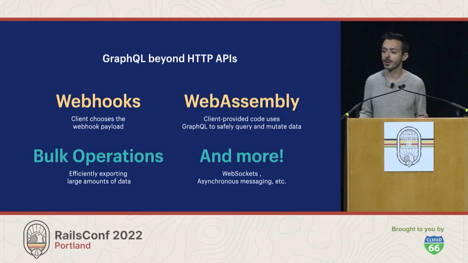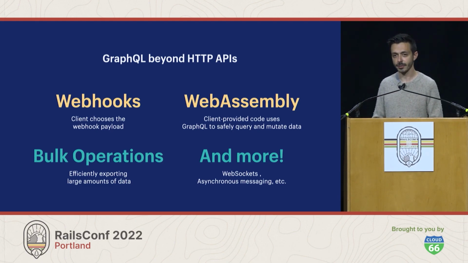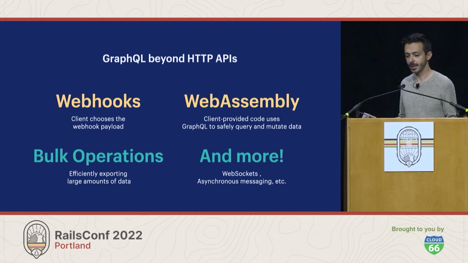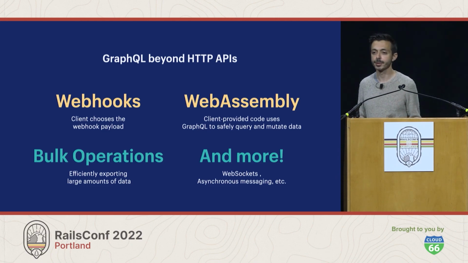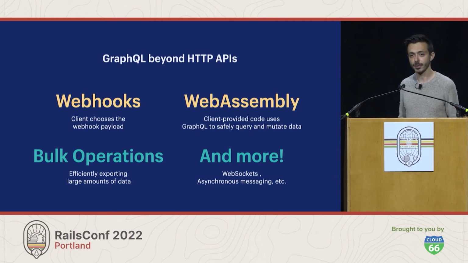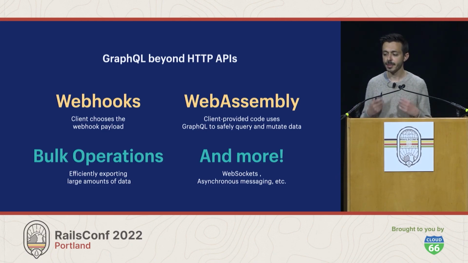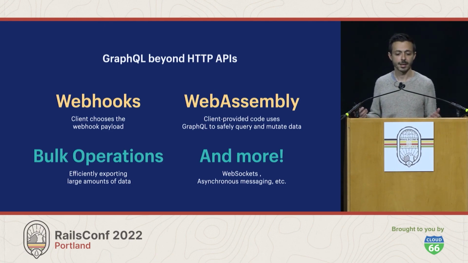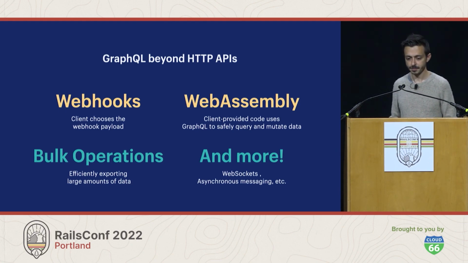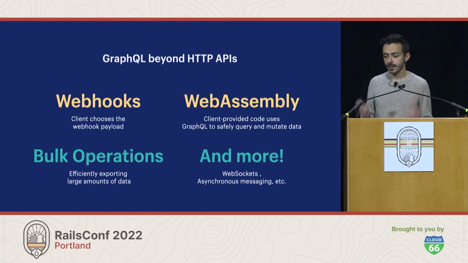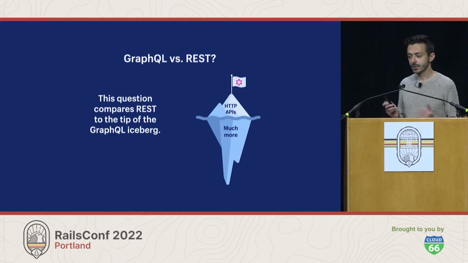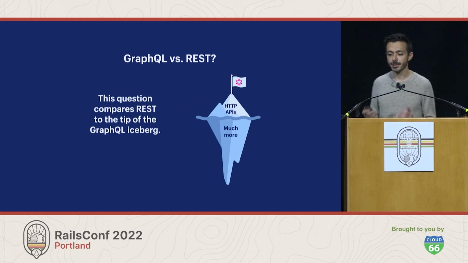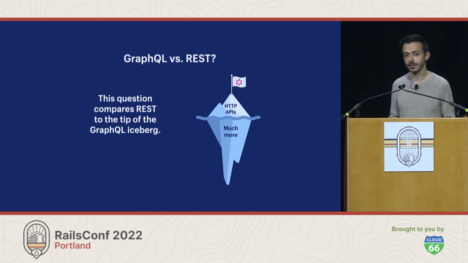All right, so we explored some use cases of GraphQL beyond HTTP APIs. We explored webhooks, WebAssembly, and bulk operations, but there are many more use cases for this. We can use it for WebSockets, event messaging, you name it. So back to our original question, GraphQL versus REST.